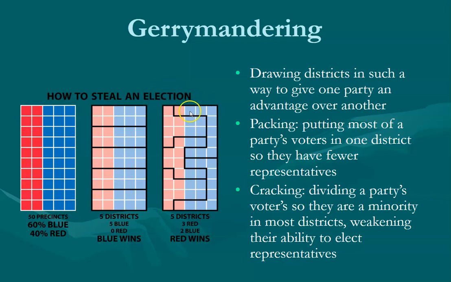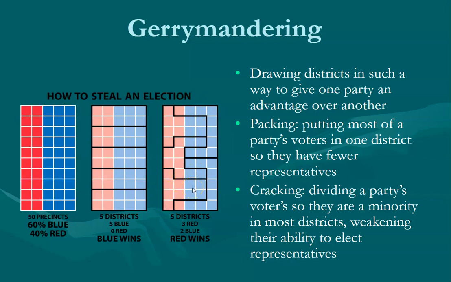In this one, as you can see, I am shoving a large number of blue squares into this district. I am packing blue supporters in this region. And over here in this section, I am cracking blue out of this district so that the red overpowers the blue in this district, and the red overpowers the blue in this district, and the red overpowers the blue in this district.